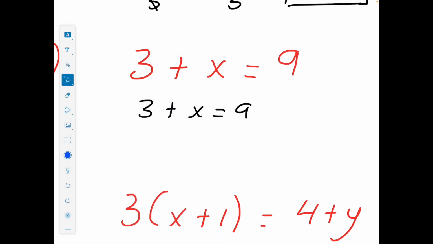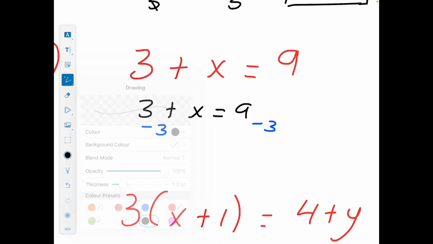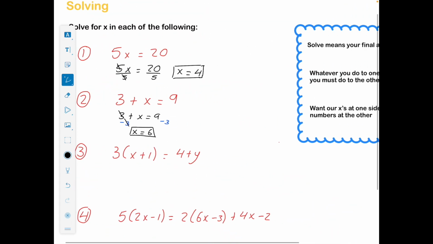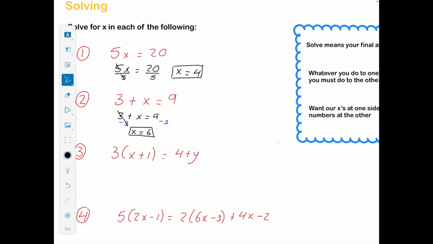So this 3 here is my problem, and we want to get rid of that. To do that, we subtract 3 from both sides. So we subtract 3 from this side, and we subtract 3 from that side. Then these cancel out, and we end up with x is equal to 9 minus 3, which is 6. And again, that's the answer we thought it would be before we did any algebra.